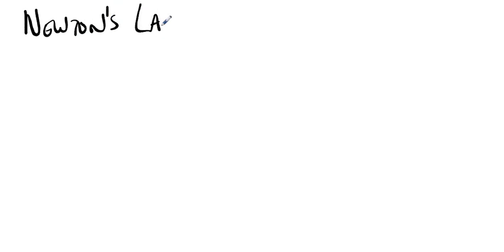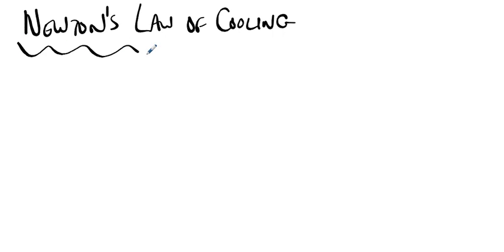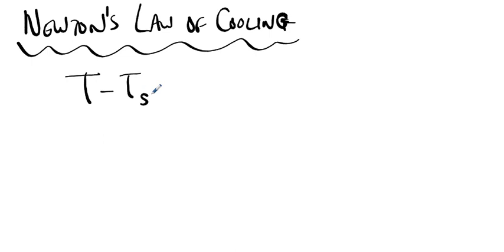One more thing we should talk about. We should talk about Newton's law of cooling, named after that very famous mathematician, Cooling. Newton's law of cooling says that if you take the temperature of an object and subtract the temperature of its surroundings, let's say the room you're in is at 20 degrees Celsius, that's fairly standard room temperature, that would be the T sub S, the 20 degrees Celsius.